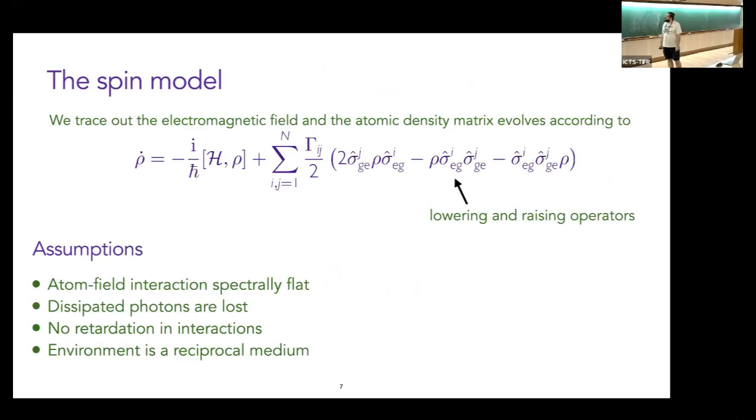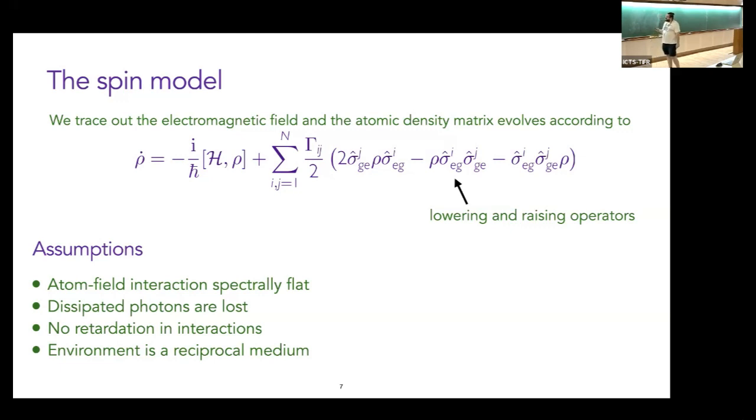Okay, and I can be a bit more explicit in what we're doing here. We use this spin model, where we trace out the electromagnetic field under your usual Markovian approximation. So your atom-field interaction is spectrally flat, with the idea that my environment has no memory. We have to assume that there's no retardation in interaction, so light travels essentially instantaneously between sites on the timescales of the interactions.